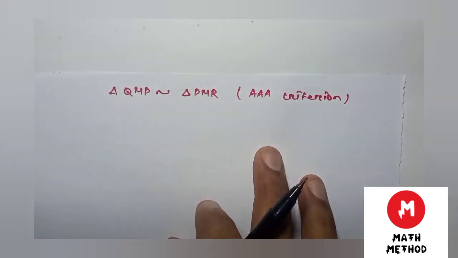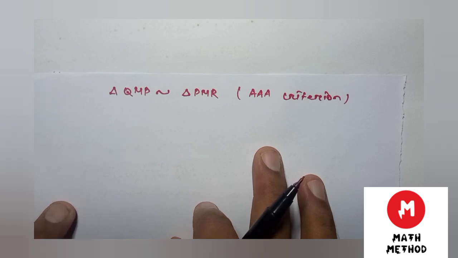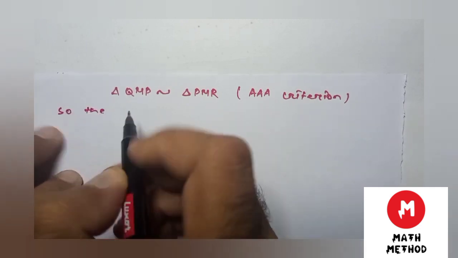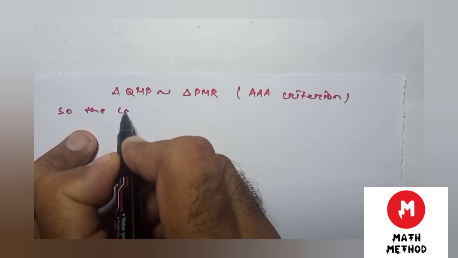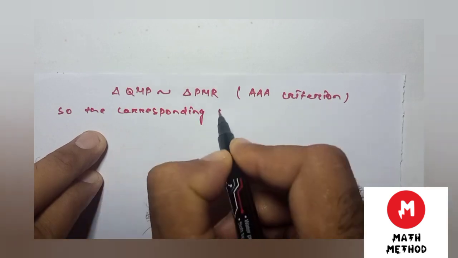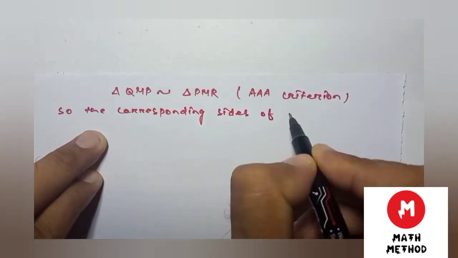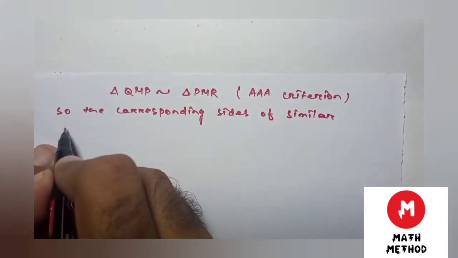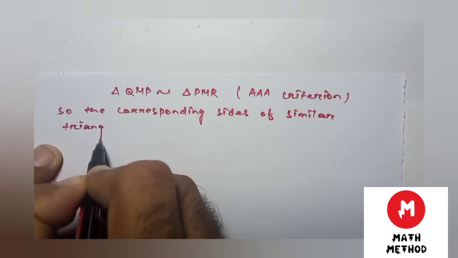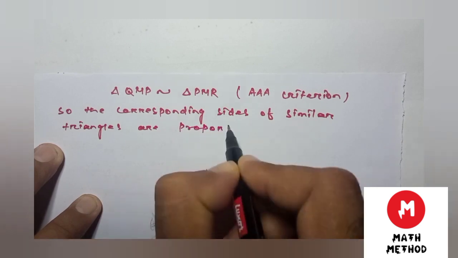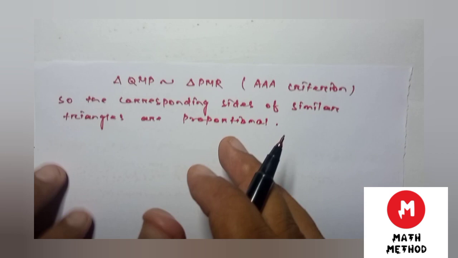Now by this we know that if two triangles are similar, then the corresponding sides of similar triangles are proportional. Clear?